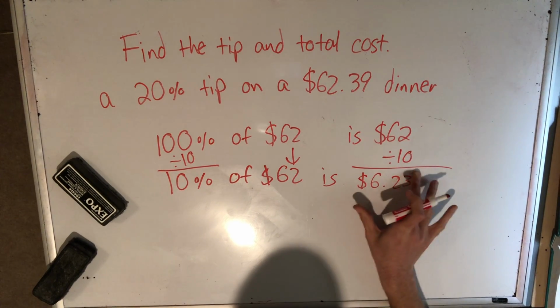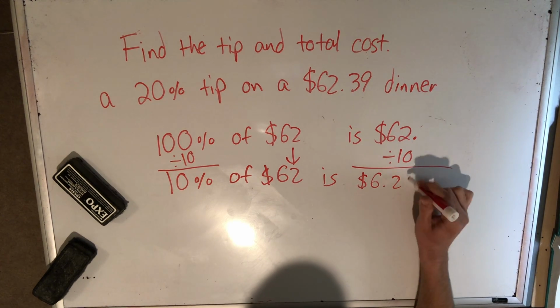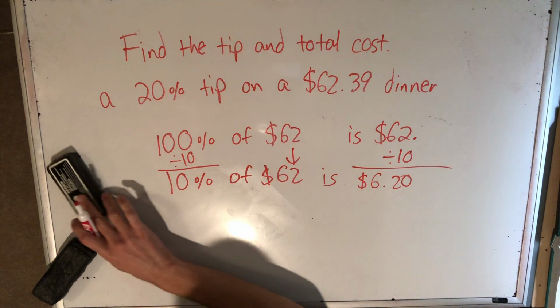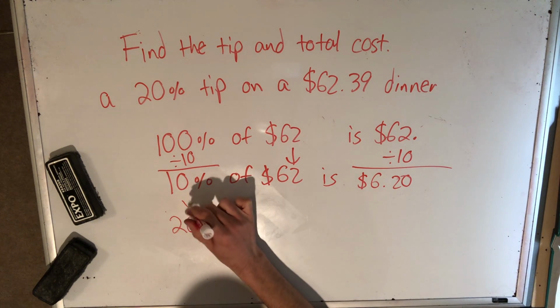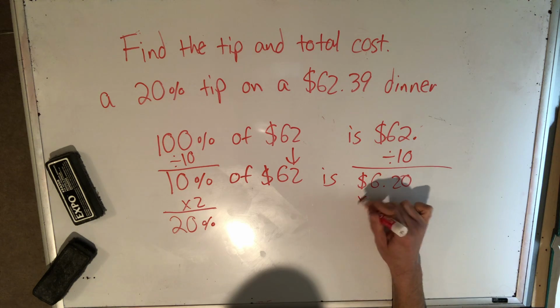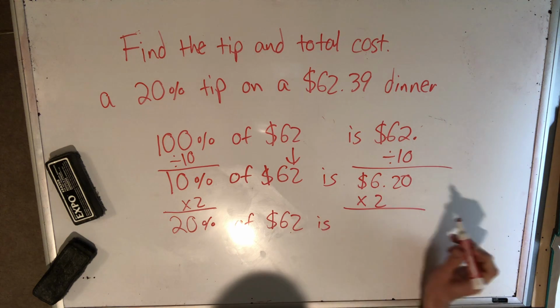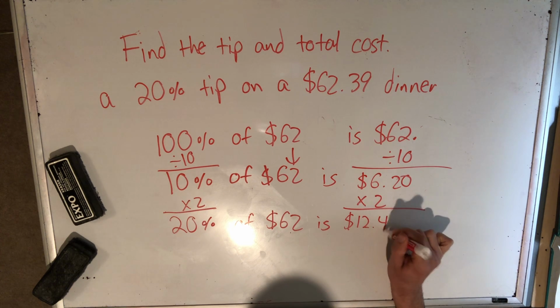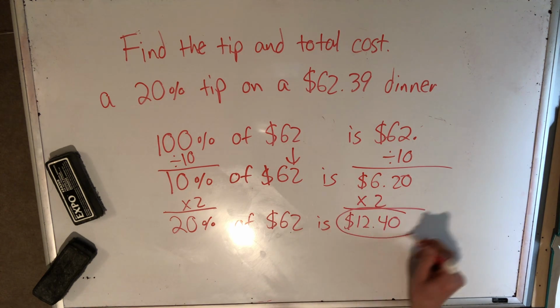So $62 divided by 10, moving the decimal point one place to the left, that's $6.2, or $6.20. Putting a 0 at the end of the decimal number does not affect the value. And then to find 20%, 10% times 2 is 20%, so the other side must also be multiplied by 2. $6.20 times 2 is $12.40. So a 20% tip on a $62.39 dinner is approximately $12.40.